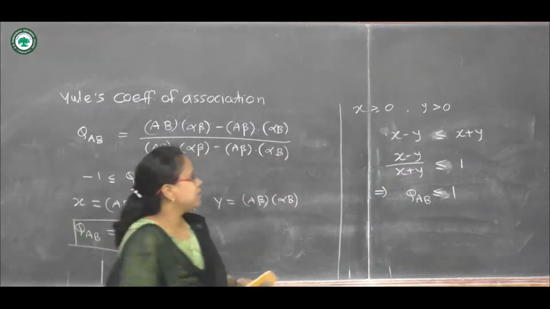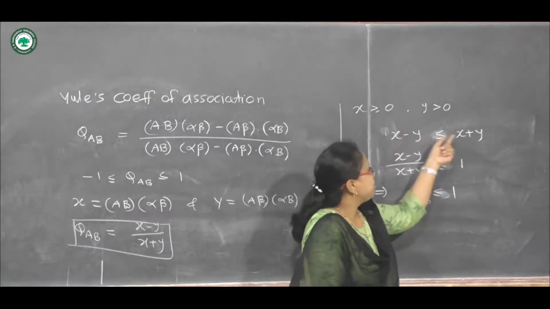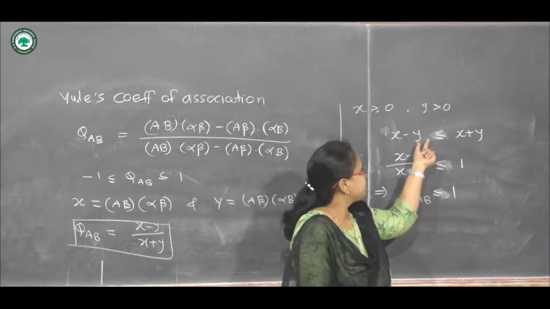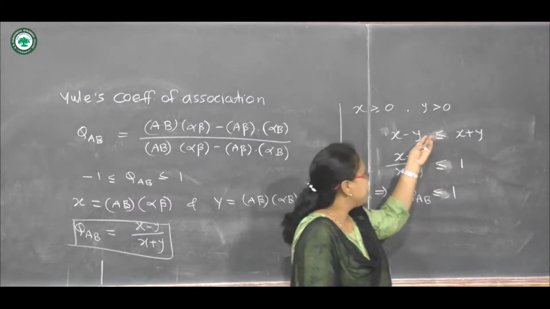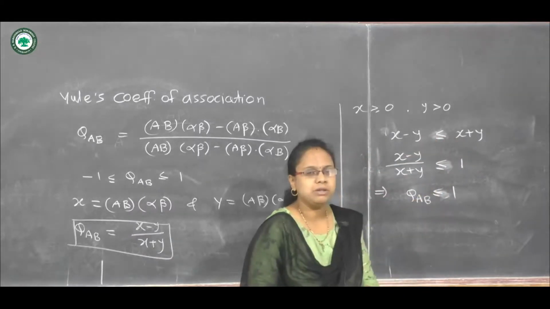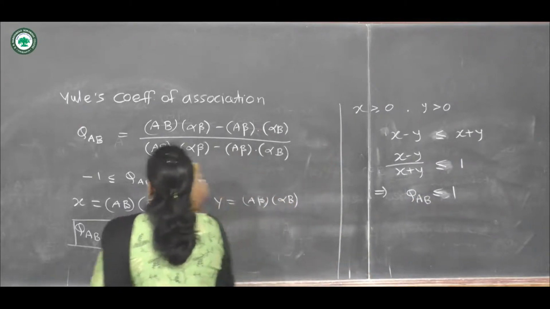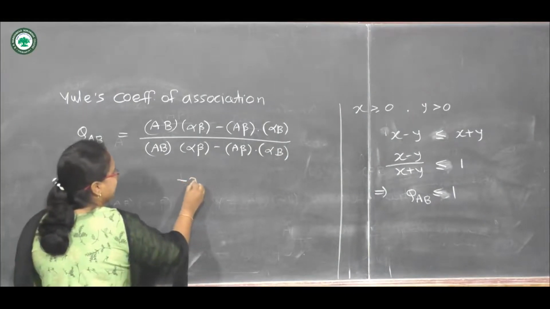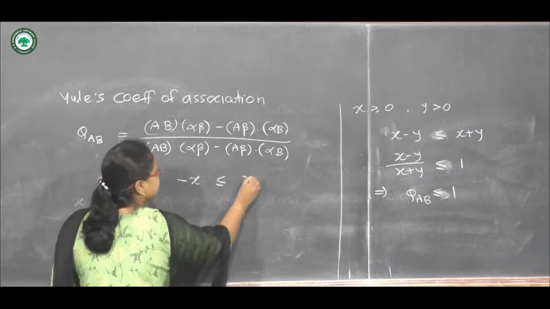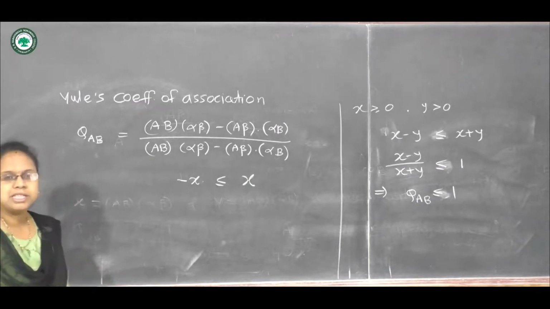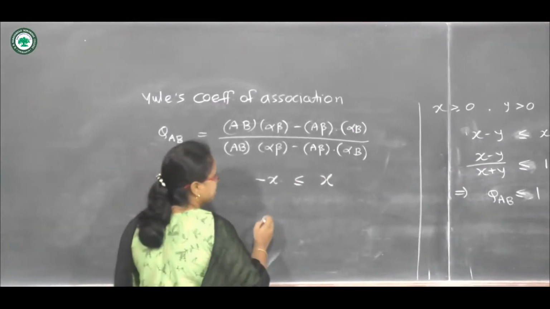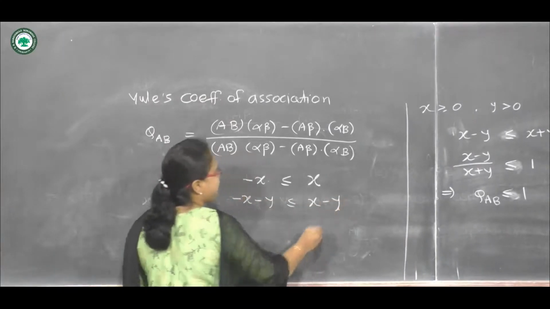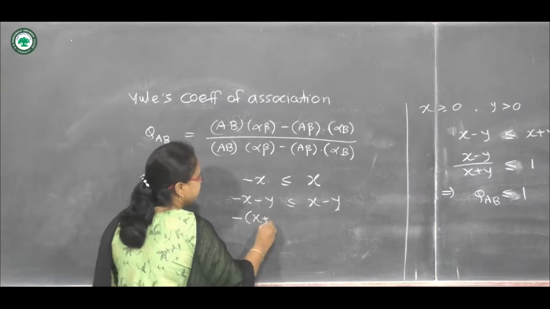If we subtract two positive numbers, and if we add these two numbers, then this will always happen: the subtraction is less than the addition. So that's why Q_AB is less than or equal to 1. Also, if x is a positive quantity, then minus x is less than plus x. So now let us subtract one quantity from both sides.